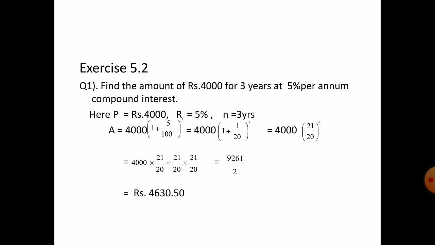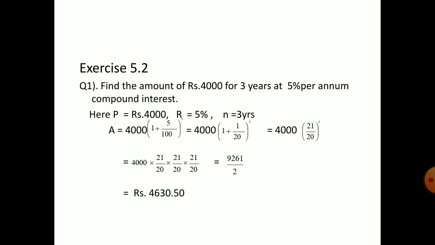So now let us start with exercise 5.2. Your first question is find the amount of rupees 4,000 for 3 years at 5% per annum compound interest. The principal given to you is rupees 4,000. And what is the rate? 5%. Time period is 3 years. Now we'll substitute these values in the formula of amount.